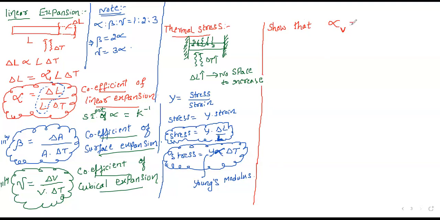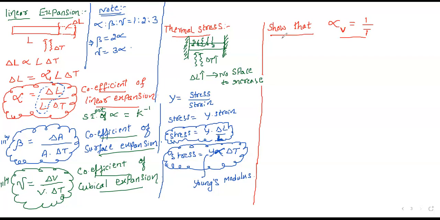You have to prove that this is equal to 1 divided by temperature. So show that the coefficient of volume expansion is inversely proportional to the temperature. Very, very simple, students. They may ask this for 3 marks. How to derive?